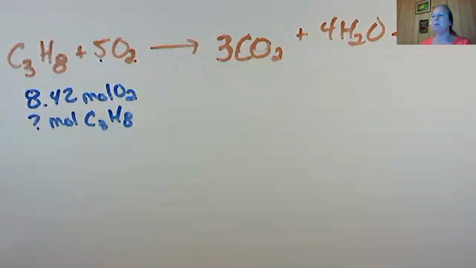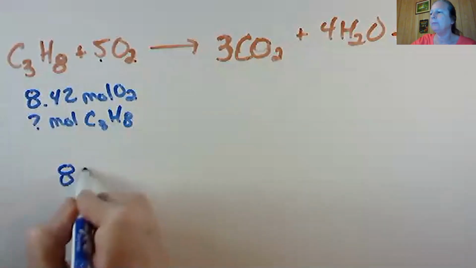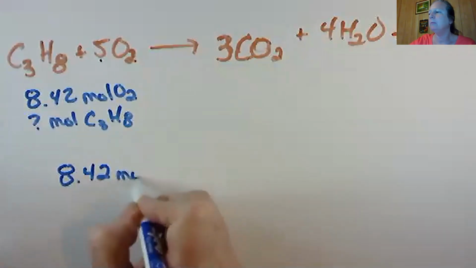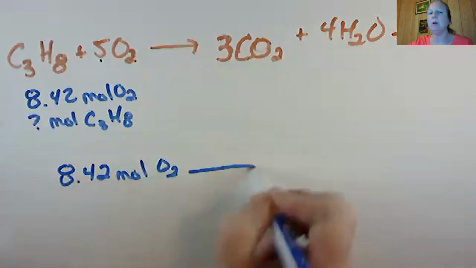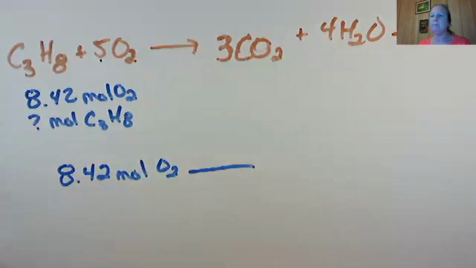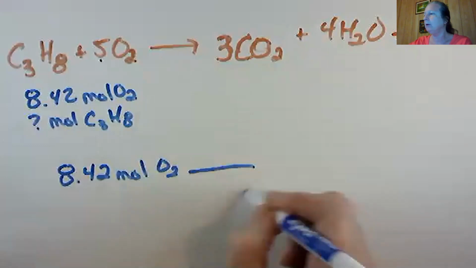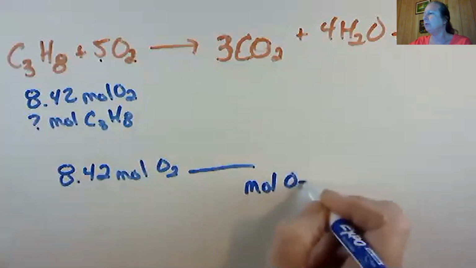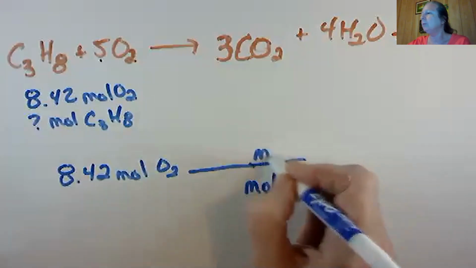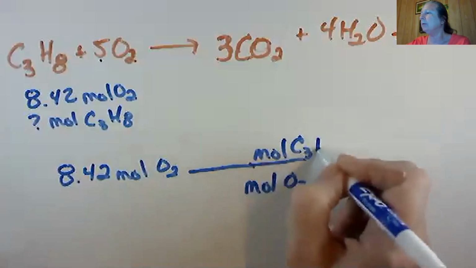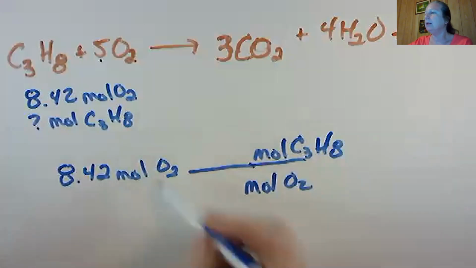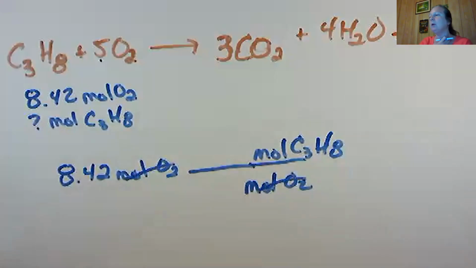Well, start with what you got. Moles of oxygen. I do not need to convert to moles. They already did it. That's very handy. But I need to change identity. So moles of oxygen goes on the bottom. Moles of propane goes on top. All right, that will cancel out my units. And so that's what I'm looking for.